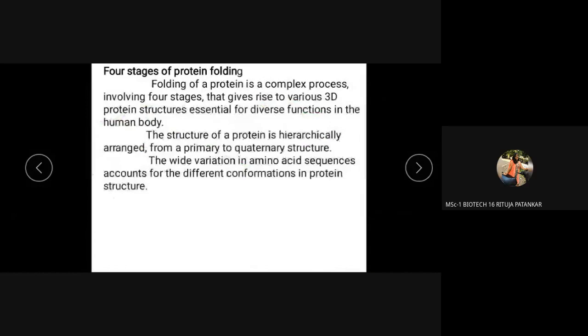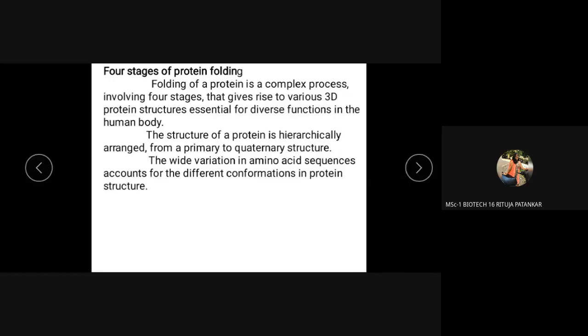Now, four stages of protein folding. Folding of protein is a complex process which involves four stages that give rise to the various 3D protein structures essential for diverse functions in the human body. The structure of protein is a hierarchical arrangement from primary to quaternary structure. A wide variation in amino acid sequence accounts for different conformations of protein structure.